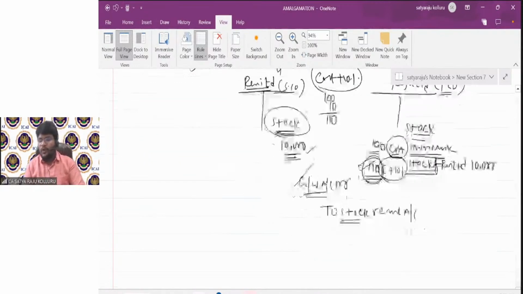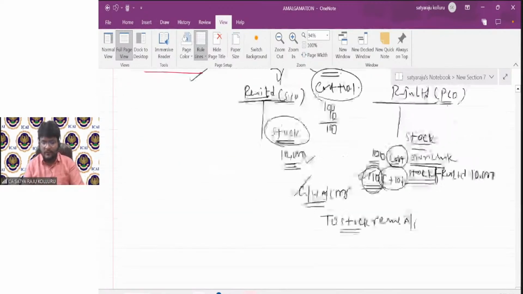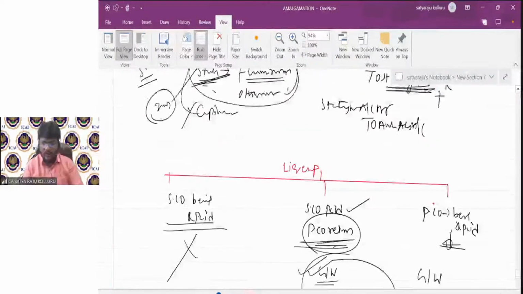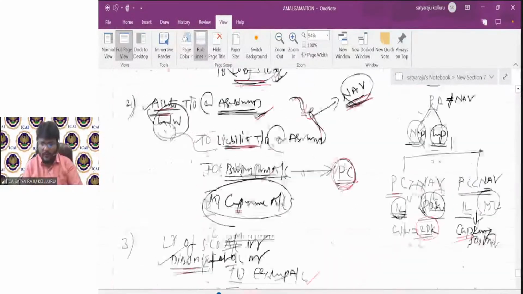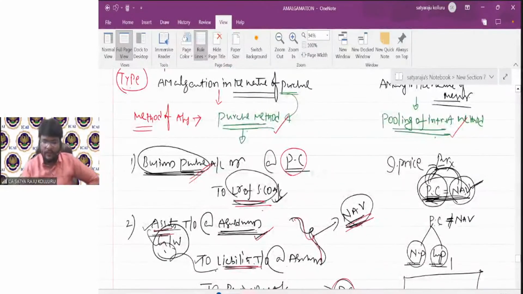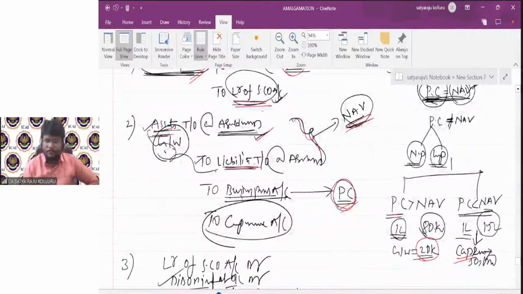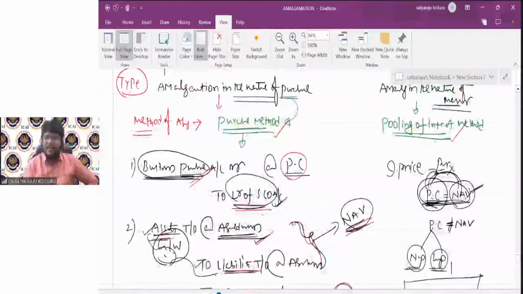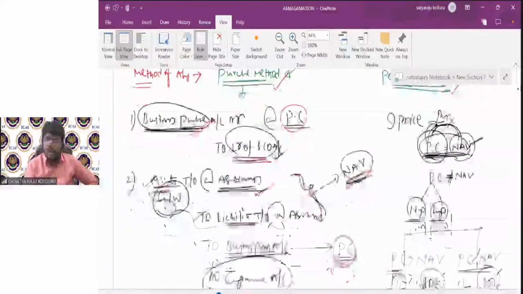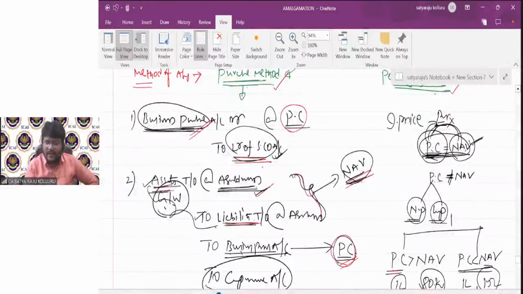Now let me go to the further discussion, guys. I explained all the adjustments, and before going further, I want to clarify one thing with you. Whether it is amalgamation in the nature of purchase or amalgamation in the nature of merger, just leave it. You are acquiring assets as well as liabilities of the selling company. Am I right?